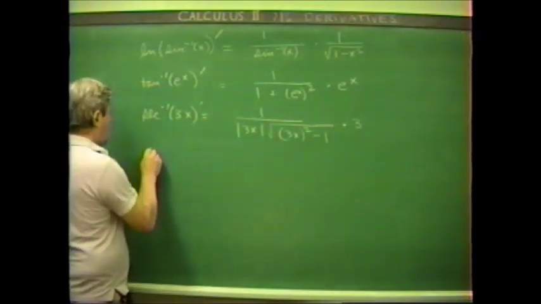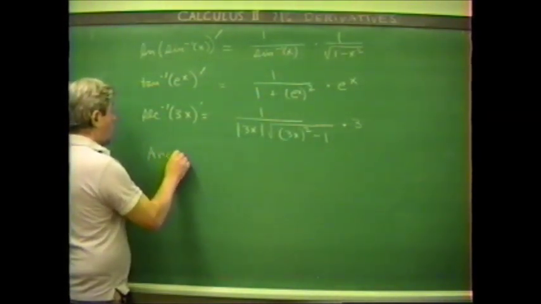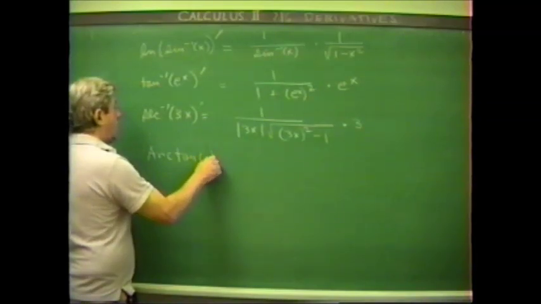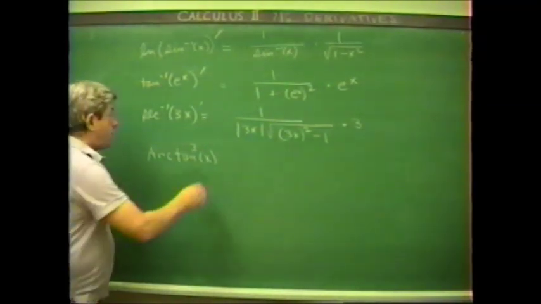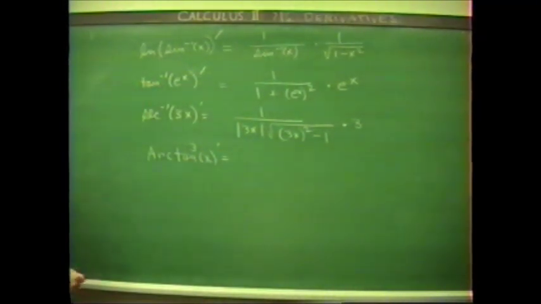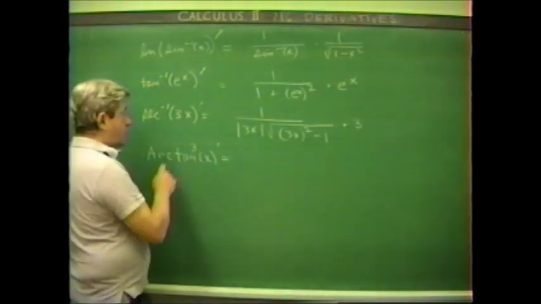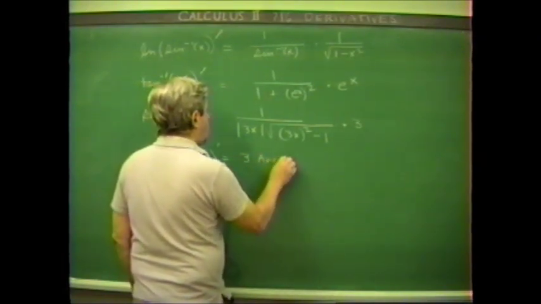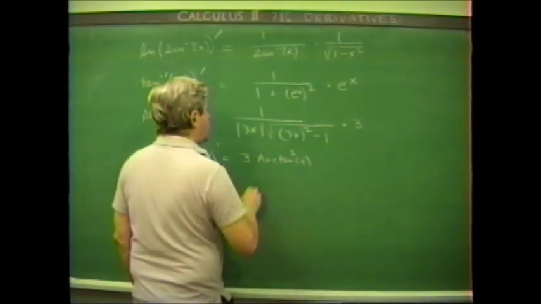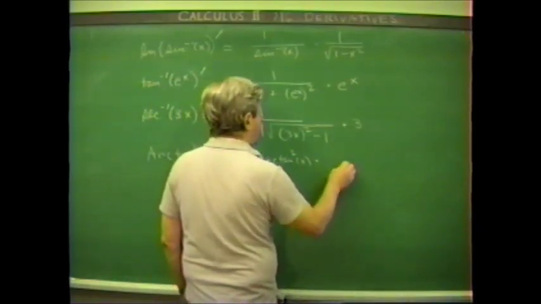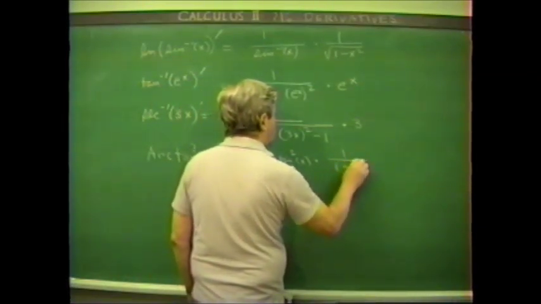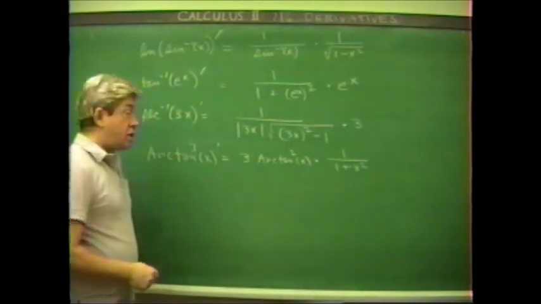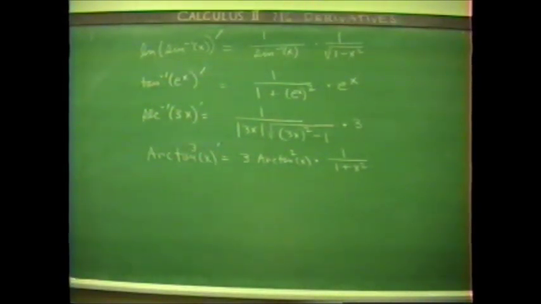How about arctangent of x cubed? This is arctangent of x to the third power, so the derivative is going to be 3 arctangent of x squared times the derivative of arctangent, which is 1 over 1 plus x squared.